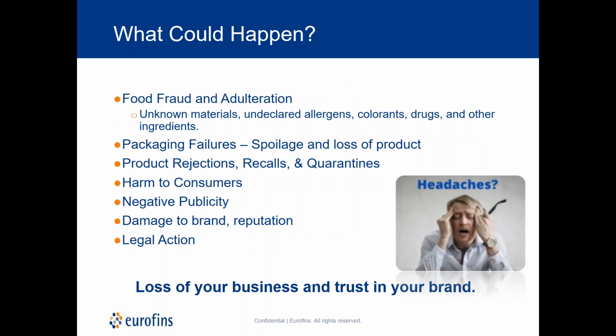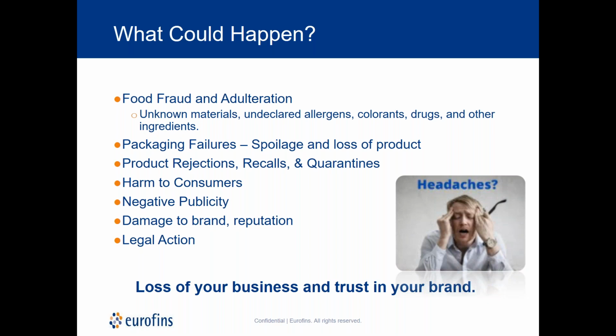So in terms of what are the things that can happen, obviously food fraud and adulteration, whether that's unknown materials, undeclared allergens, colorants, drugs, other ingredients, that's a bad one. Packaging failures can lead to spoilage, loss of product, delay in delivery, product rejections, recalls, quarantines. Obviously, we don't want any harm to end users or consumers.